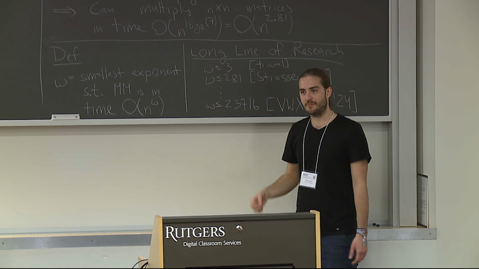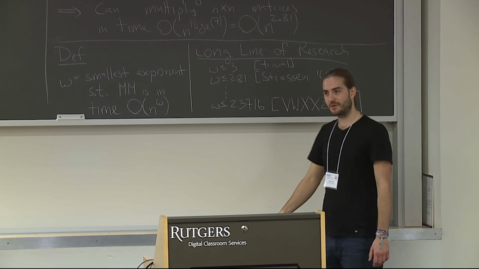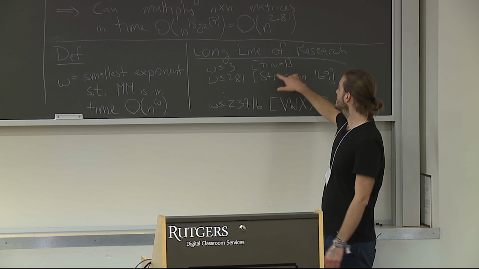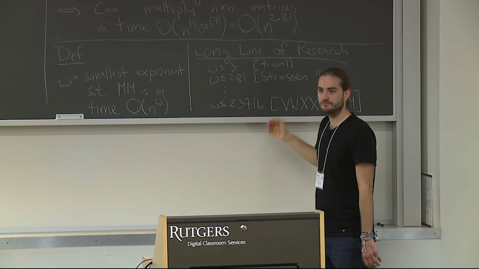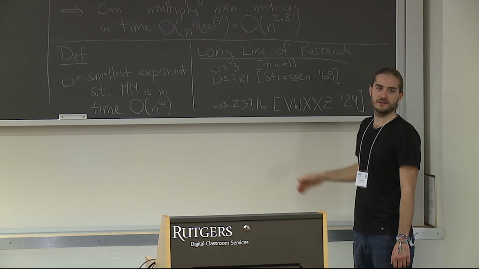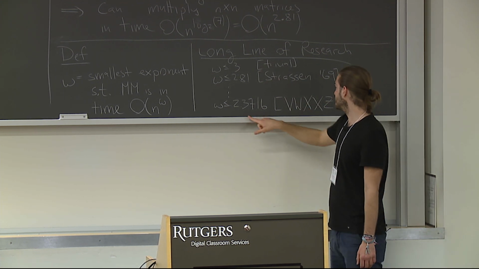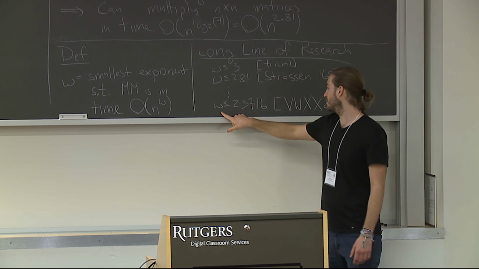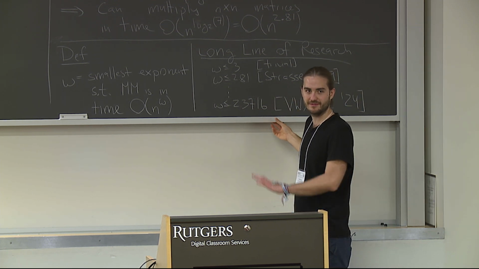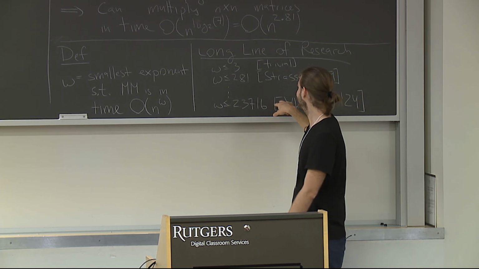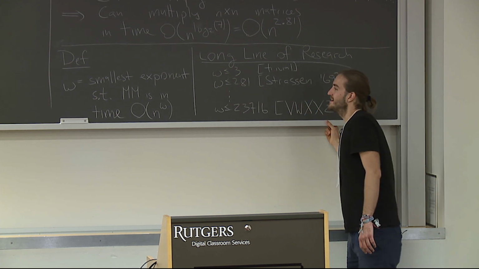This is the trivial upper bound on the matrix multiplication complexity, just the naive algorithm. Strassen's algorithm can be expressed as omega is at most 2.81. Then there has been a lot of work on this, really dozens of papers. The state of the art, just from this year, proves that omega is at most 2.3716 and some more digits behind there, which is actually important, and a lot of progress is being made on these digits.